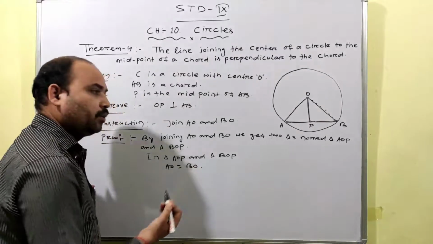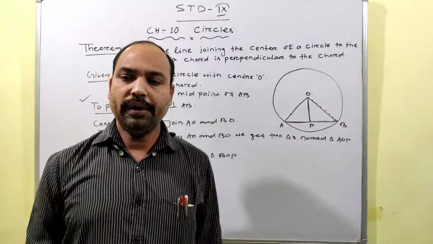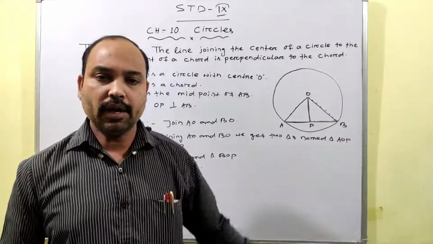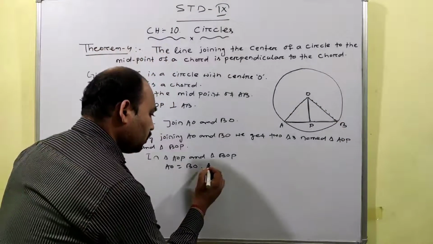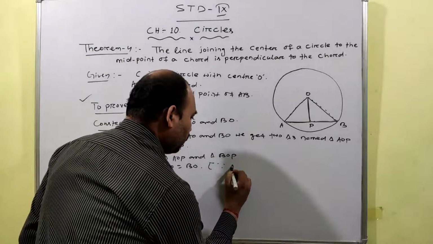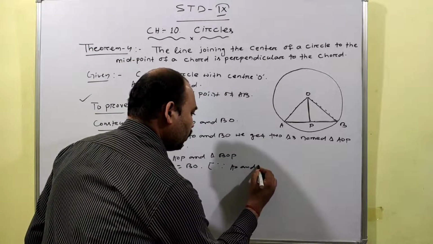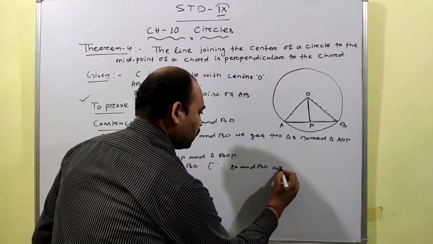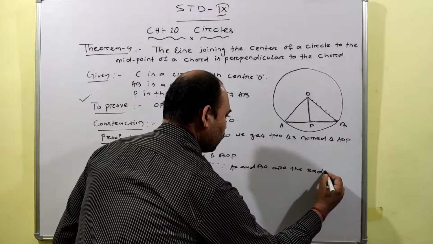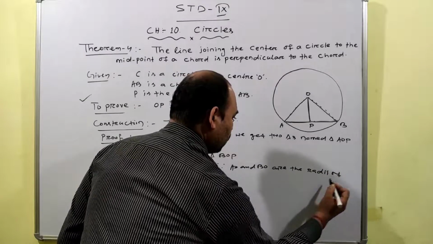Why is AO equal to BO? Because AO and BO are the radii of the circle. We will write: AO and BO are the radii of the circle.